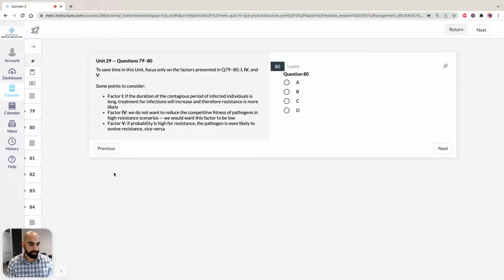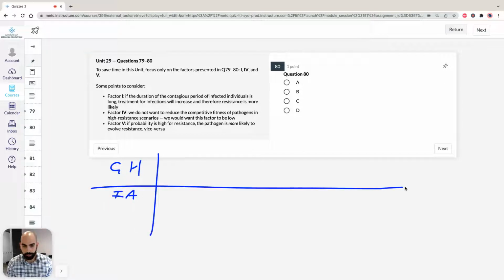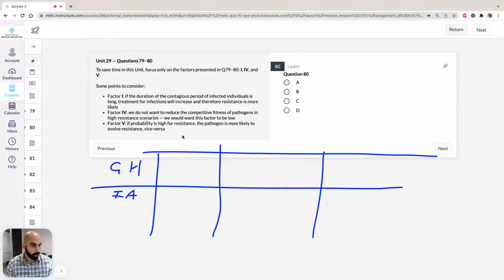So let's just write it down. We've got genital herpes, we've got influenza, so let's say influenza A. Let's put it up here. So what do we got here? Contagious period. We know that it's going to be long for our genital herpes, short for influenza.